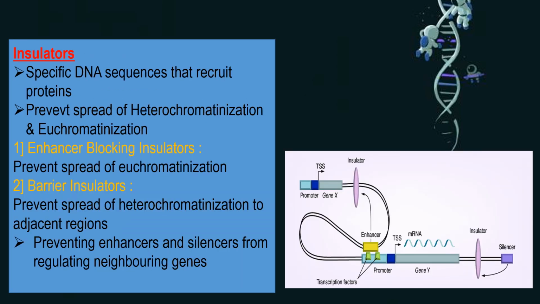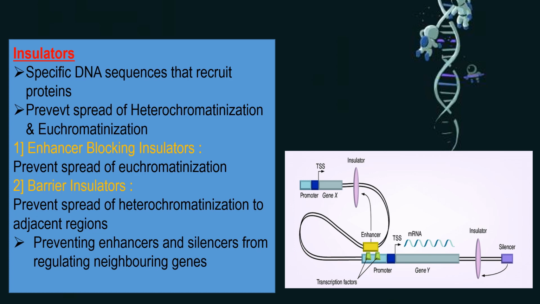The final regulatory promoter element is insulators. Insulators are specific DNA sequences that recruit proteins which prevent the spread of heterochromatinization and euchromatinization. There are two types of insulators: enhancer blocking insulators and barrier insulators.